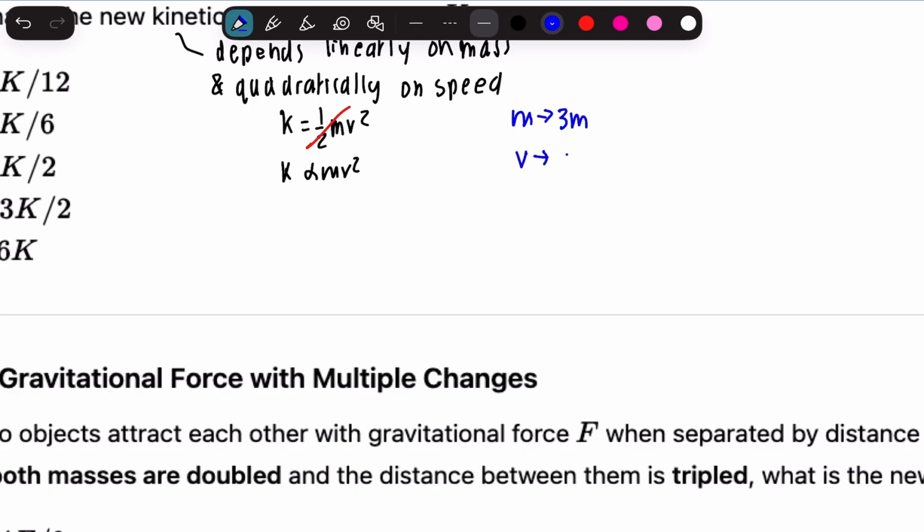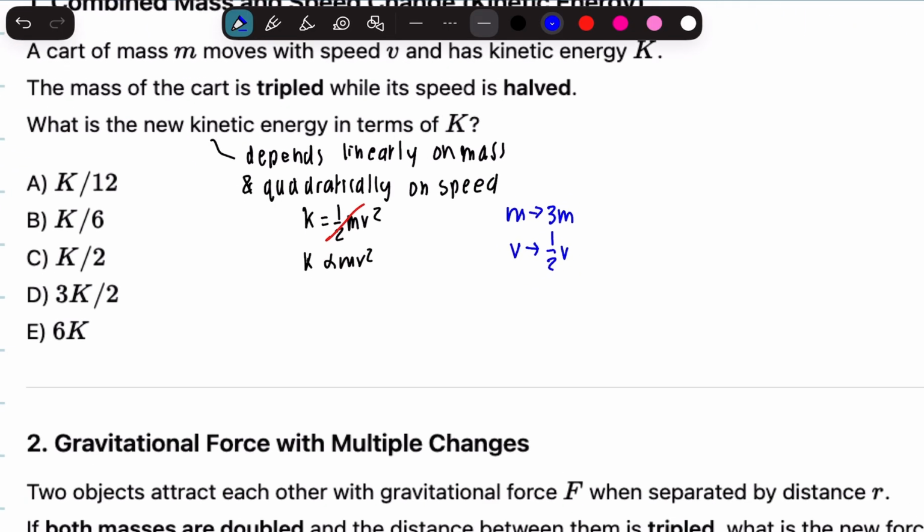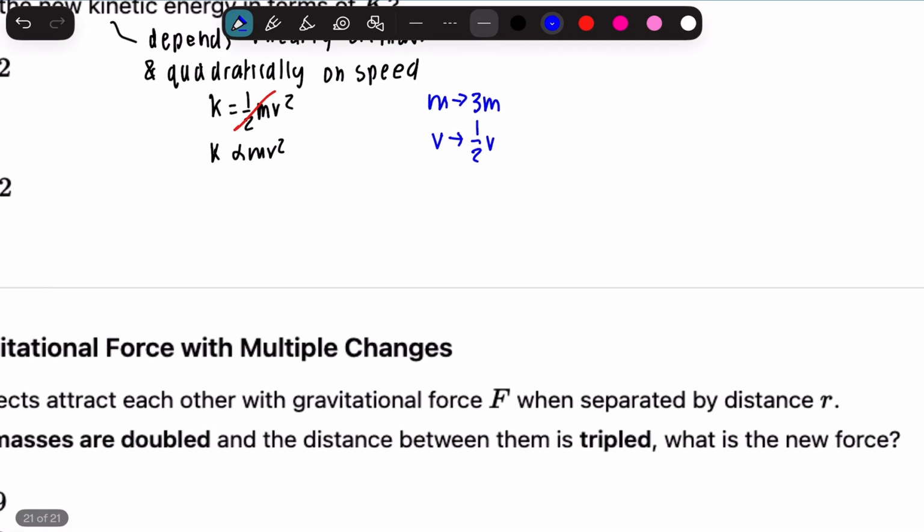Then v is 1/2 of v, because that's halved, and v squared becomes 1/2 squared times v squared, which is just 1/4 v squared.